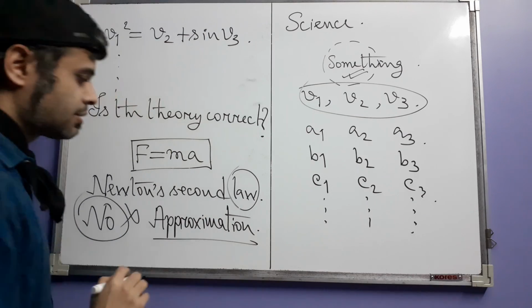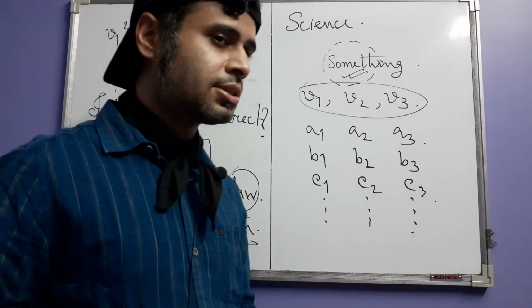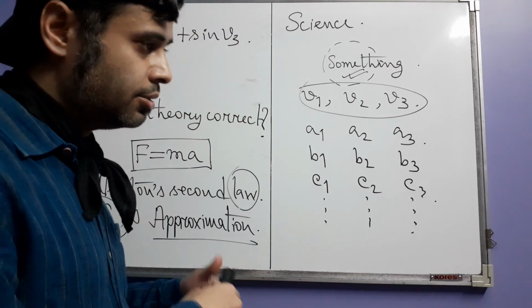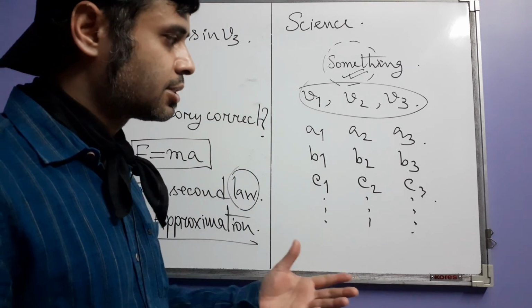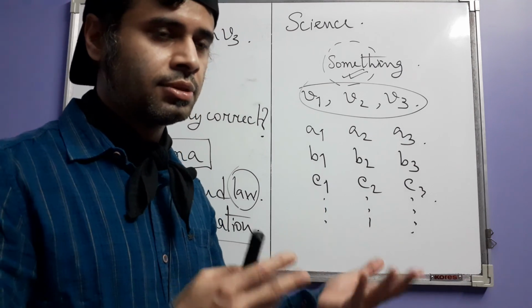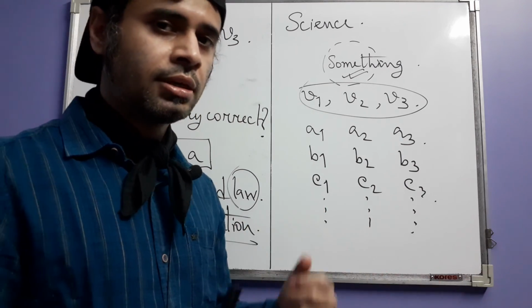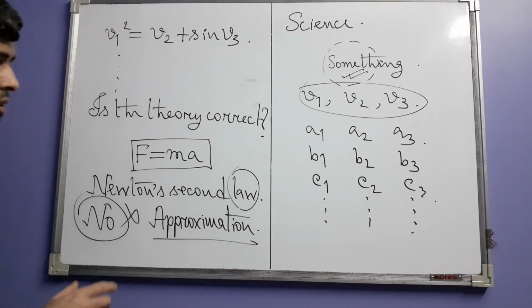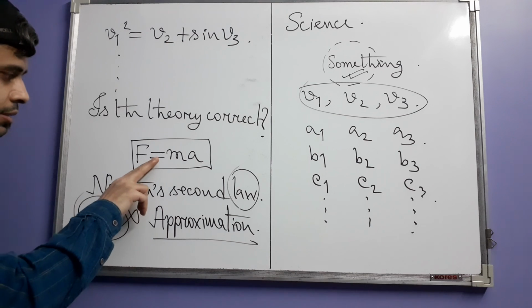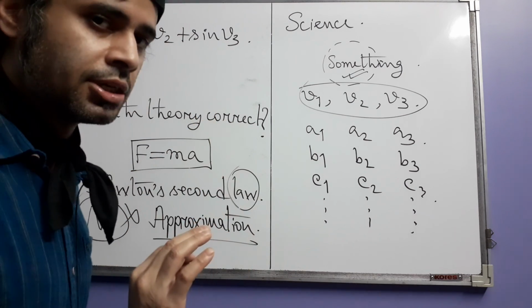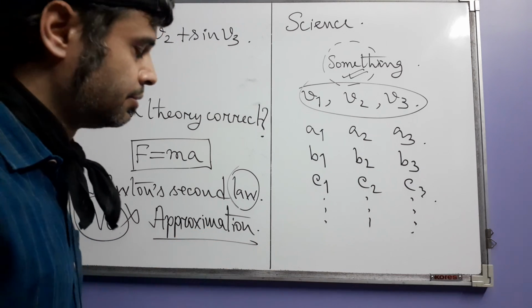The exactness and precision of mathematics stays within mathematics itself. The moment you start applying mathematics to the outside world, you see how complex things are, and you have to rely on approximations only. Okay, so you understand that Newton's second law is also actually only an approximation, right?